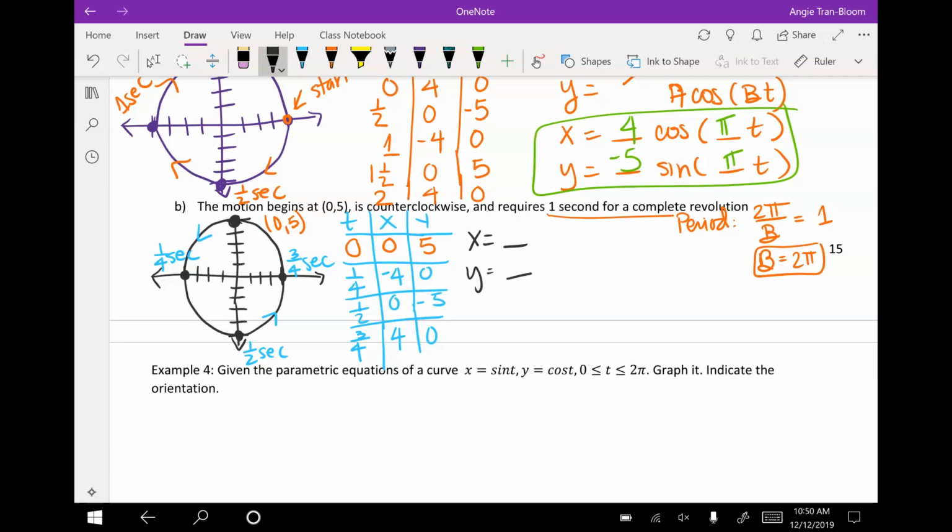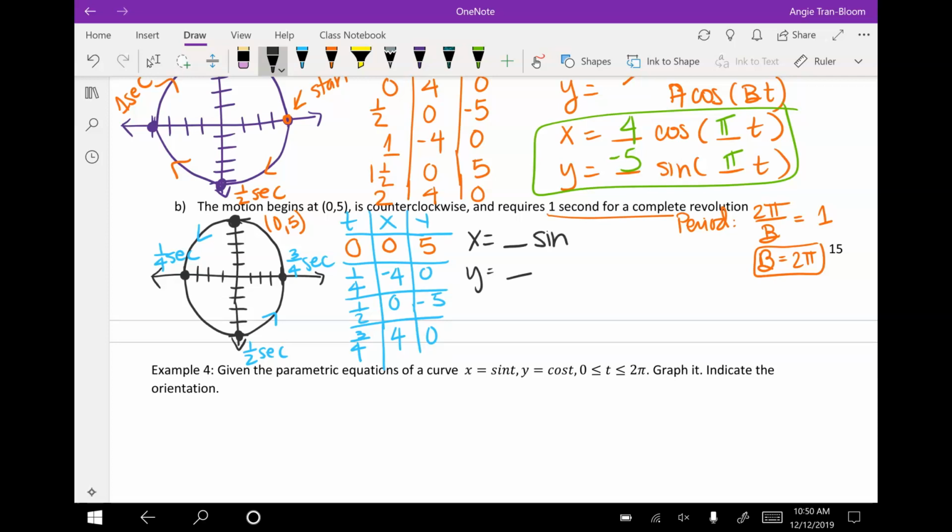Okay. Let's think about this for a second. When time is 0, we would like our x value to be what? Out of the two trig functions, sine and cosine, which one will give me a 0 when the angle is 0? Only sine, exactly. So we're going to write sine for x.